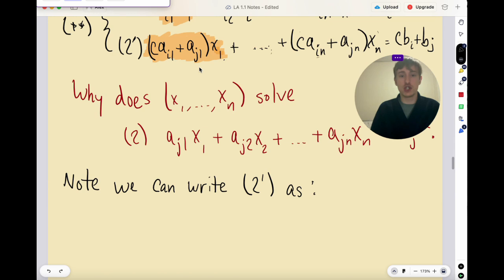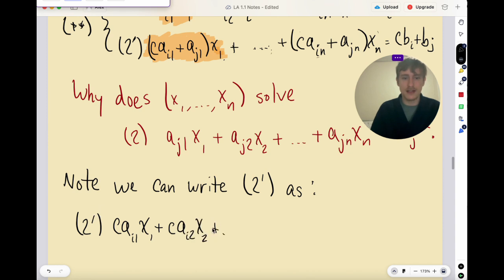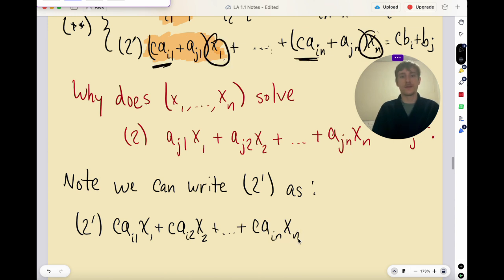I'm going to distribute the x1, the x2, and the xn. Equation 2 prime can be written as c ai1 x1 plus c ai2 x2 plus yada yada yada plus c ain xn. That's what I get when I distribute the x1 to each of these first terms.